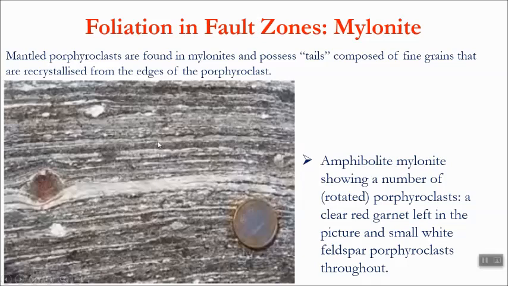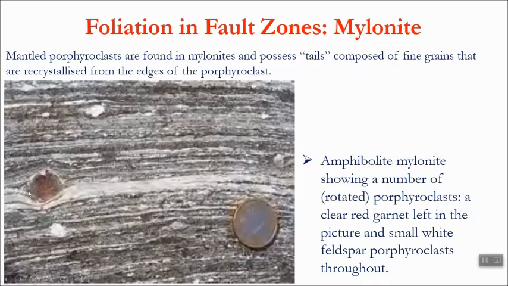Here we can see that the phyllosilicates, due to high pressure, get arranged into foliations. So we have these foliation planes which are very compact, like continuous cleavage, and in between we have some remnant crystals, which are called porphyroclasts, and they have thin tails.